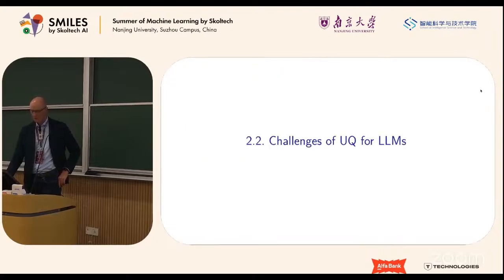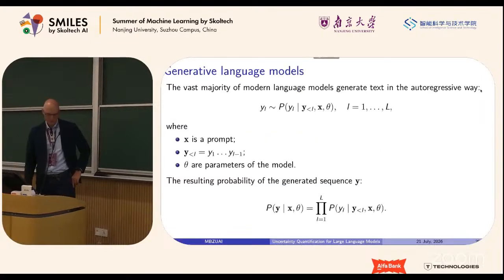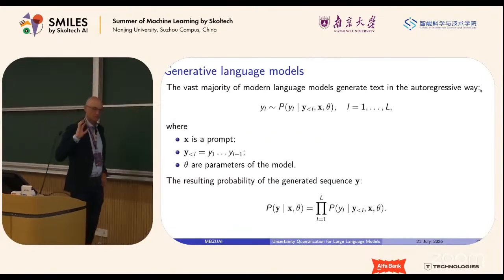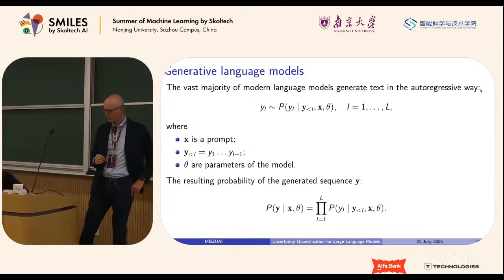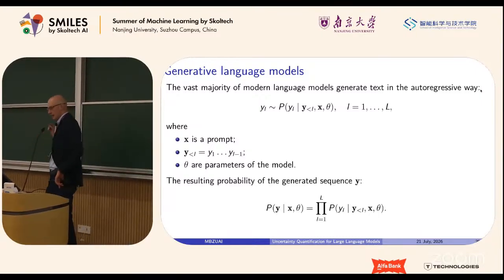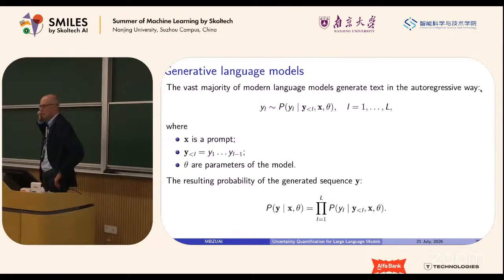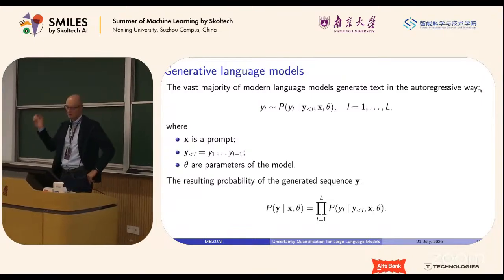Right, so let's move on to LLMs. Before that, we were discussing uncertainty for classification models. But with language models, everything becomes way more sophisticated.